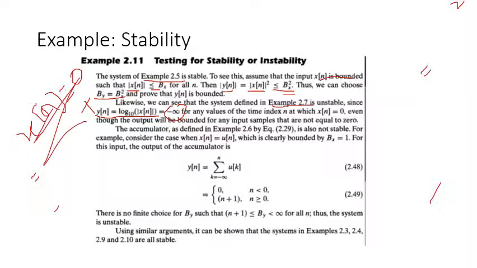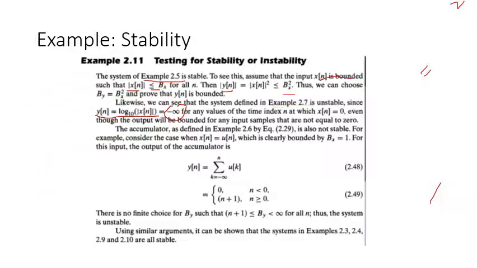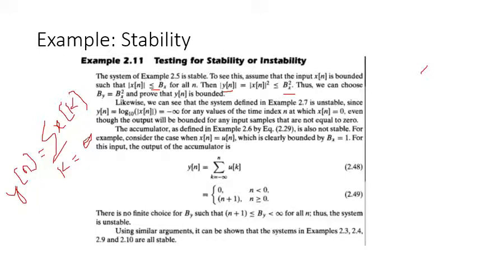Now, a few other examples of stability are the accumulator system. If you remember from our previous slides, this is the form of the accumulator system. Y of n is equal to summation x of k, k is equal to minus infinity to n. This was the form of accumulator system.